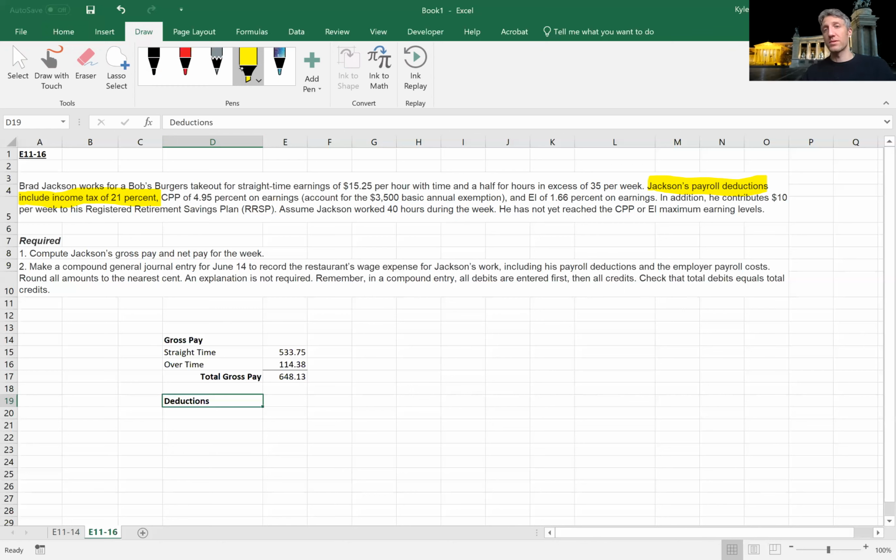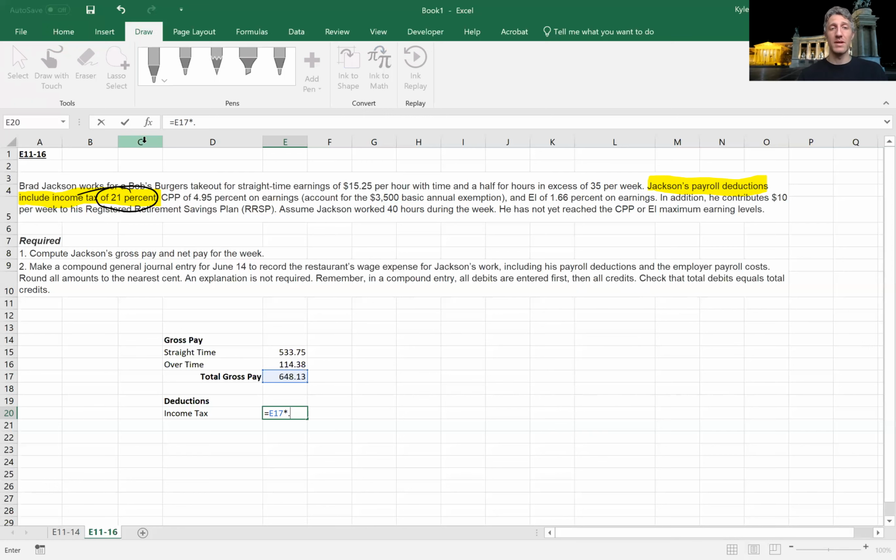So, of course, employees have to pay tax on the earnings they make. So what happens here is we take the gross pay and we multiply that by the tax rate. We're given a tax rate of 21%. So we're given a gross pay of $648.13.